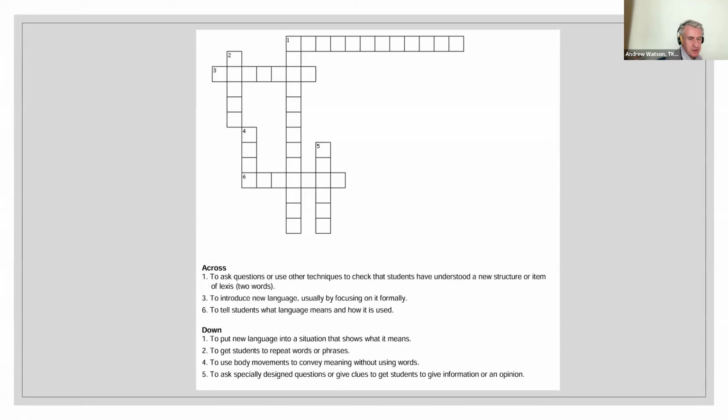There isn't a two across, but there's a two down: to get students to repeat words or phrases. I think that might be drill. Have you heard of that expression, drill? Yes, it is. It's drill.